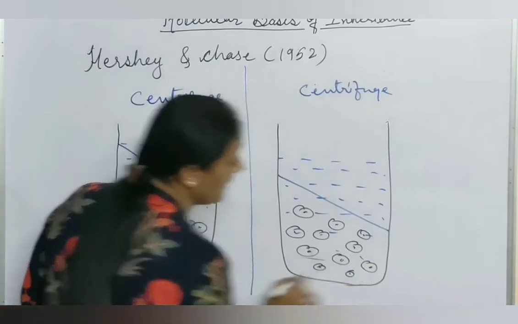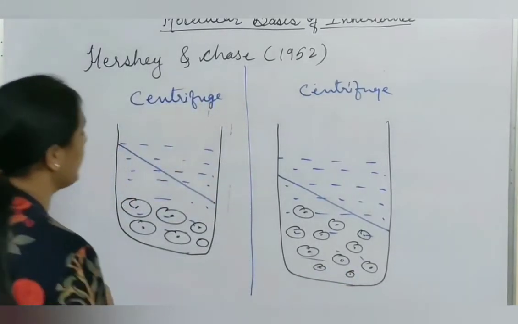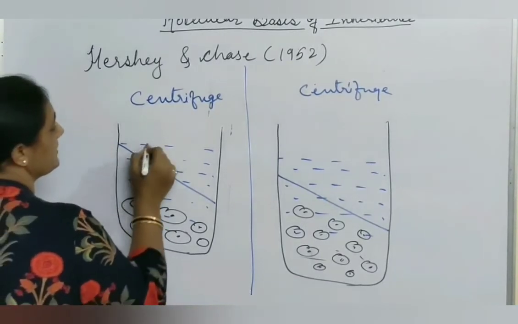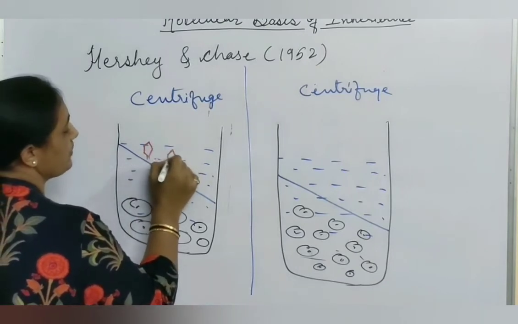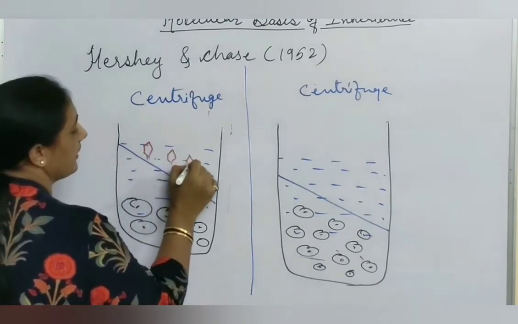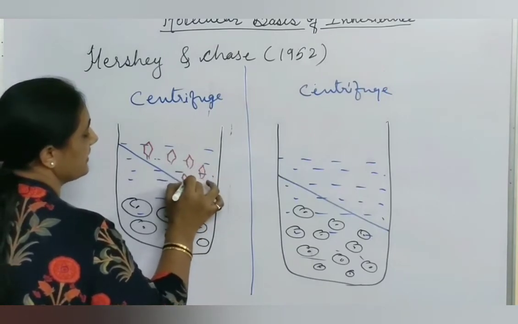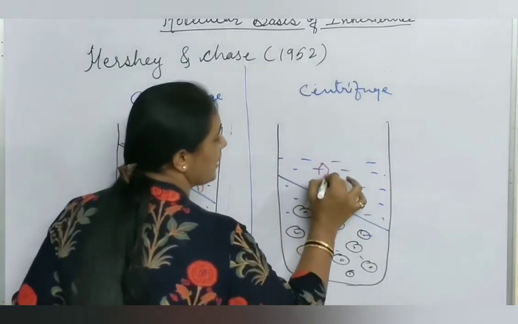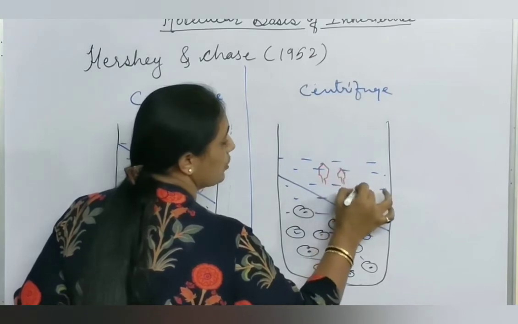So that protein gets separate, and during centrifugation, the proteinaceous part, that is the superficial part, remains in the supernatant region, the upper part, because it is very, very light in weight. So this protein shell remains in the supernatant region.